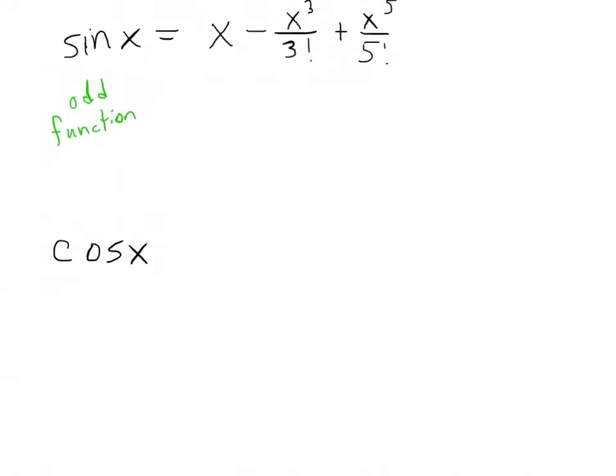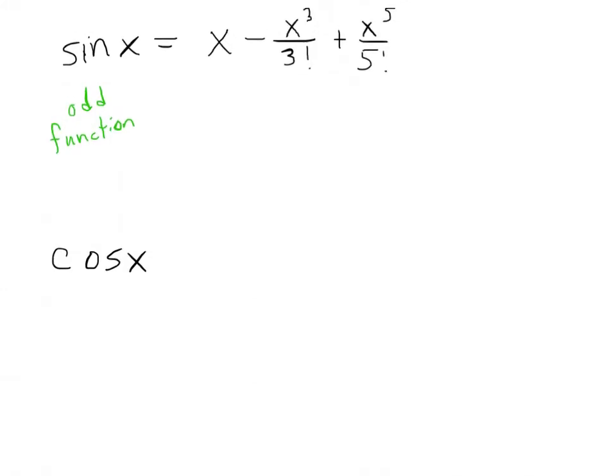Sorry, that's really close to the top of the screen there. X to the 5th over 5 factorial minus x to the 7th over 7 factorial. And the nth term of this one, so plus dot dot dot plus, you're going to have negative 1 to the n, x to the 2n plus 1.